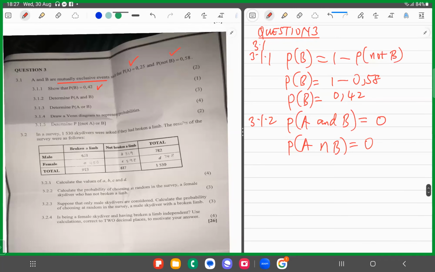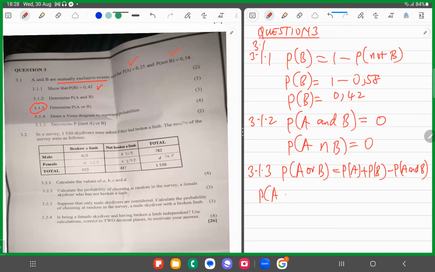All right. Now we look at the next question, 3.1.3. Determine the probability of A or B. Right, so we have the probability of A or B. The probability of A or B is the probability of A plus the probability of B minus the probability of A and B. Okay, this is the formula.